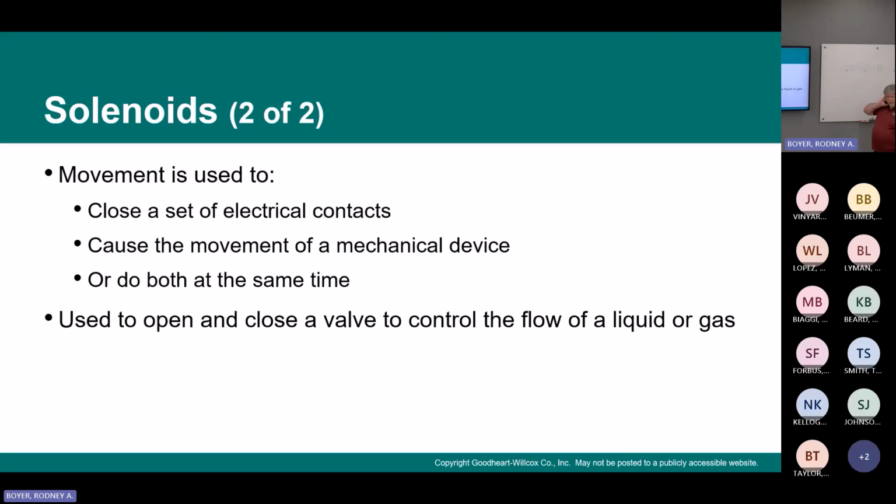Movement is used to close a set of electrical contacts, cause movement of a mechanical device, or do both at the same time. They are used to open and close a valve to control the flow of liquid or gas. Wish I had a solenoid valve here to show you guys.